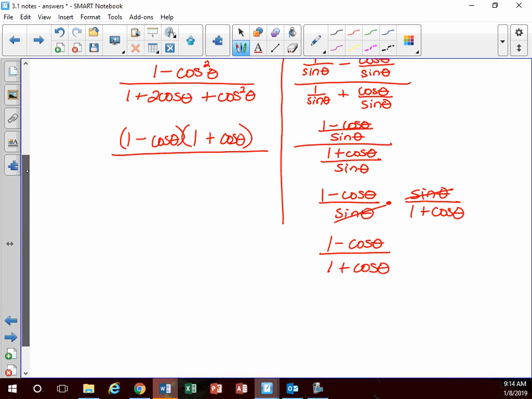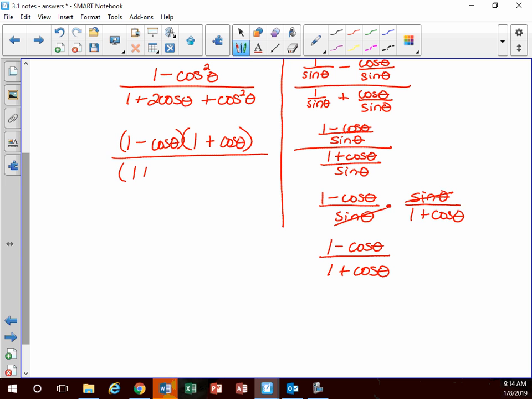Because I don't have x's, I have cosines. It's 1 plus cosine times 1 plus cosine. If you are weak at factoring, please come and see me in Warhawk so we can do more practice with factoring, because it's going to show up a lot in your proofs. Now, what can I get rid of? Yep, and then I am to the 1 minus cosine over 1 plus cosine.